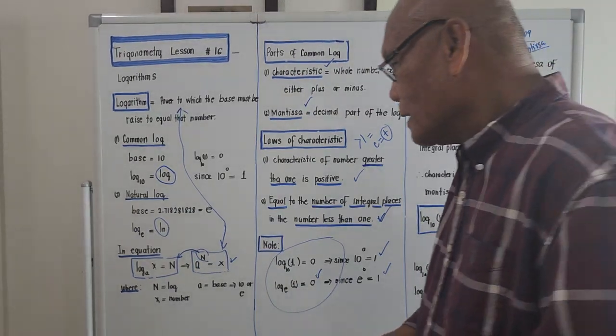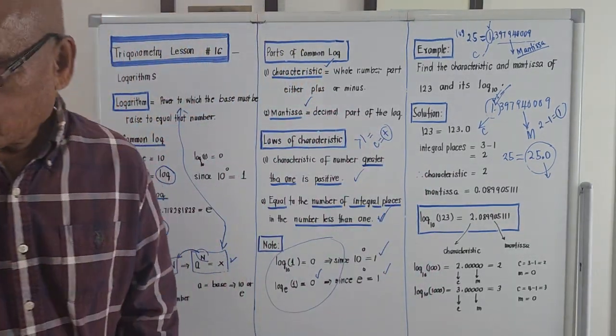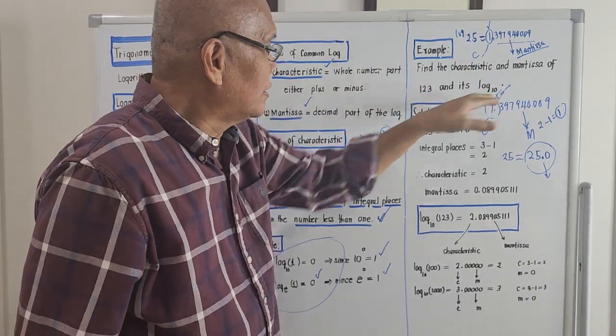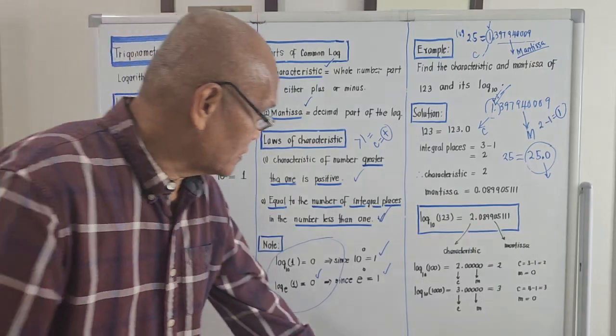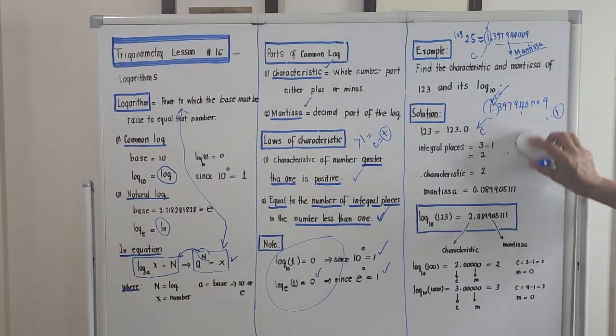Okay, let's try to bring out an example problem on how to get the correct characteristic and mantissa of a number.